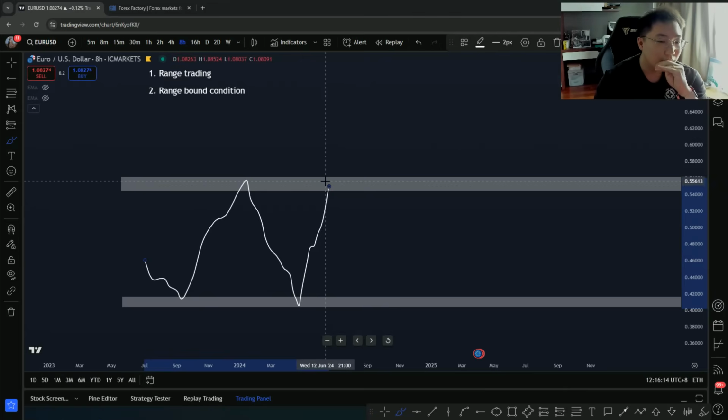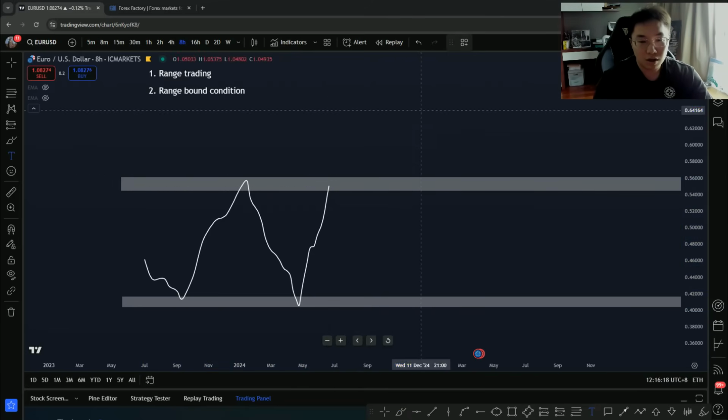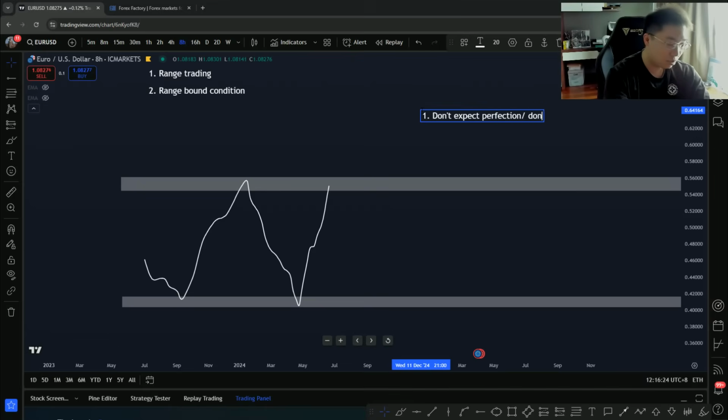Common sense. So when you trade the range, the key thing is don't expect perfection, don't be greedy.